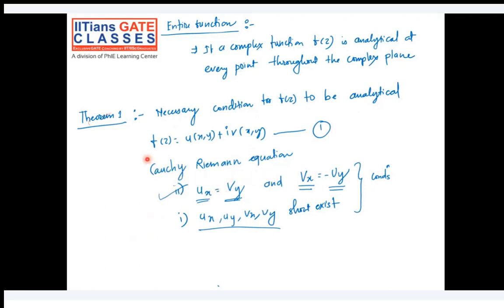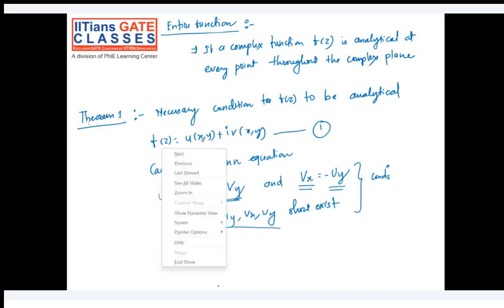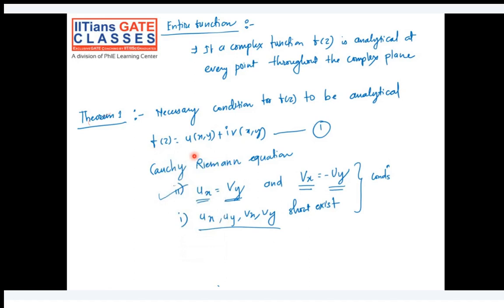Suppose f of z is a complex function, which is u plus vi. u is a function of x and y, and v is also a function of x and y. And according to the Cauchy-Riemann equation, u of x is equal to v of y. It means the differentiation of u with respect to x is equal to the differentiation of v with respect to y, and the differentiation of v with respect to x is equal to minus the differentiation of u with respect to y.